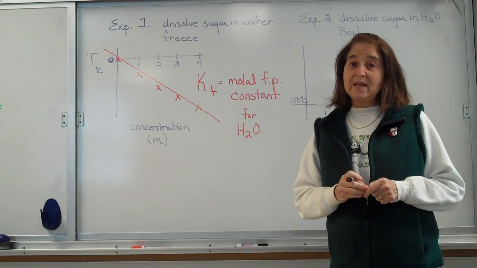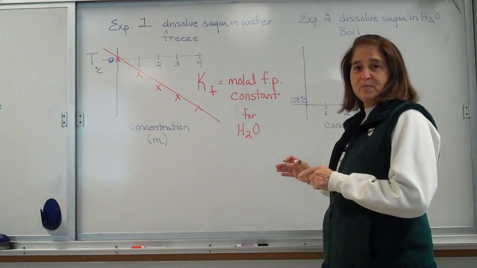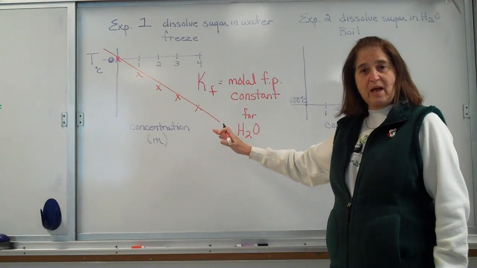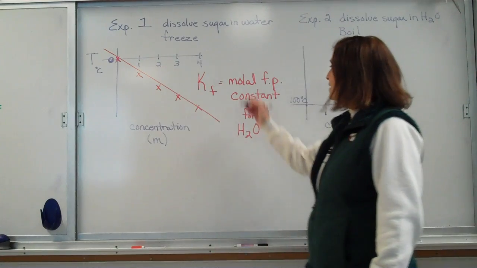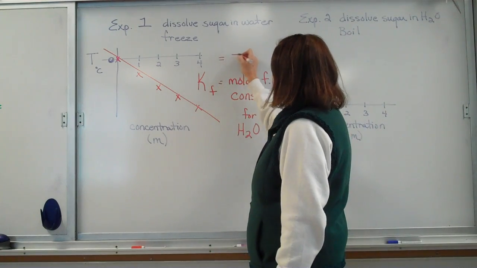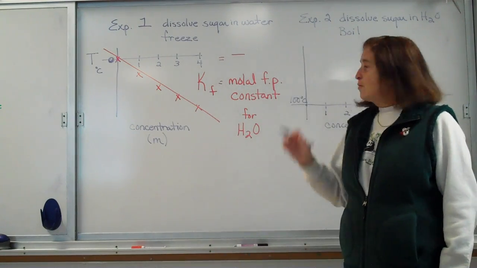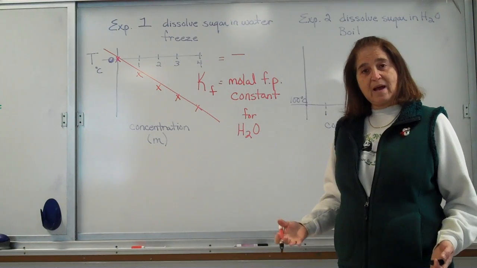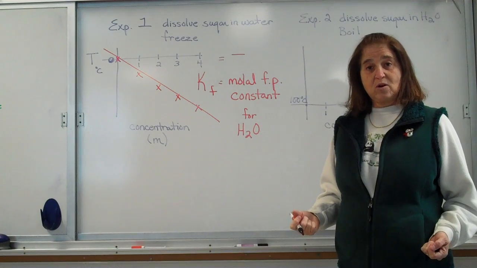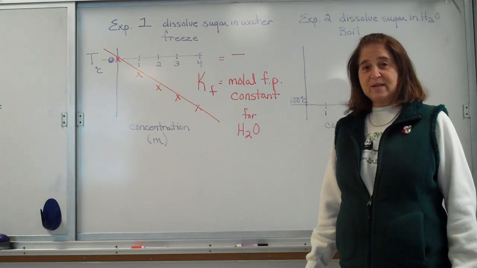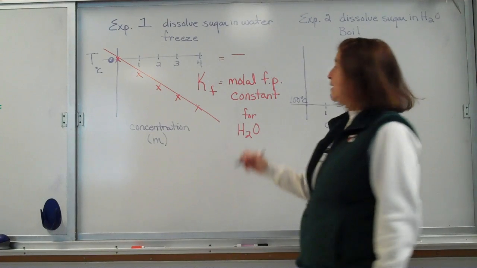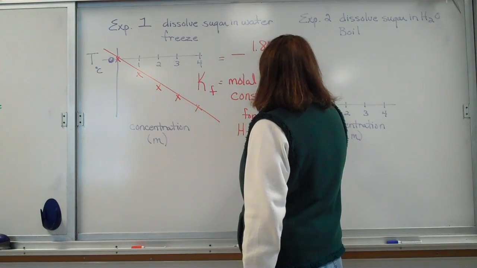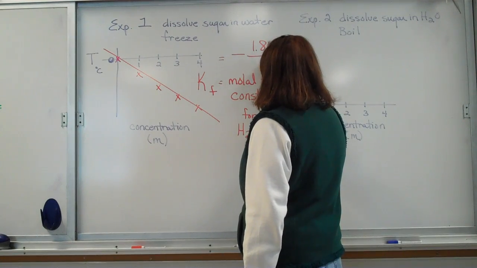Most of the work we do is in aqueous solution. So I would expect you to know this one number. First, look at the line. You can see that it has a negative slope. And when these points were plotted, and the slope of the line, which is a constant, was determined, the molal freezing point constant is accepted to be 1.86 degrees Celsius per molal.